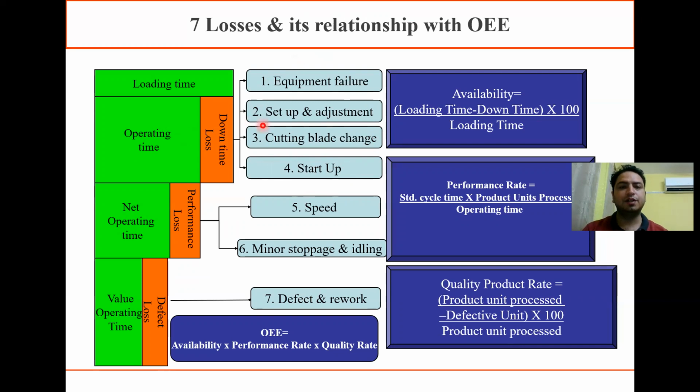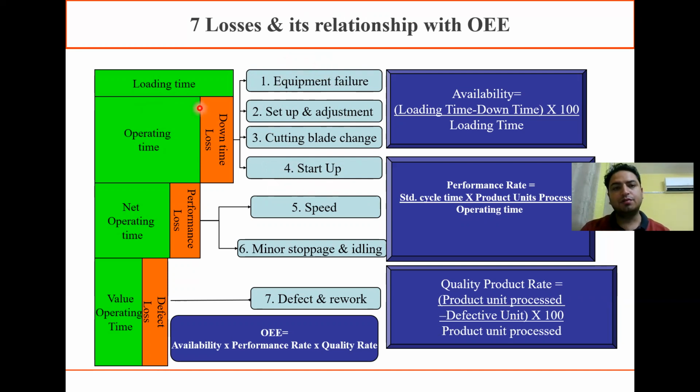When we reduce these four losses from the loading time, we get the operating time. Operating time is the time that is available for actual production. Suppose 480 is the loading time, and the downtime from these losses, say 60 minutes plus 20 minutes, is a total downtime of 80 minutes.